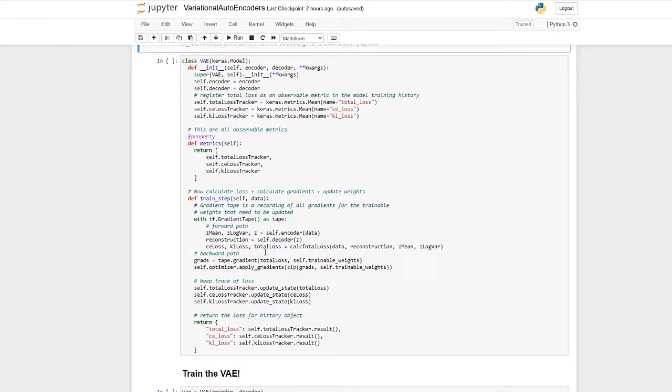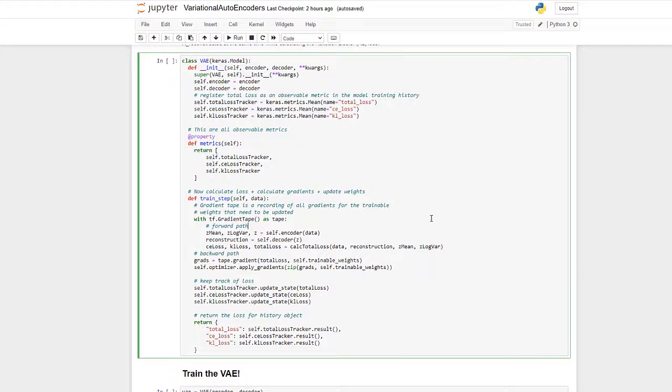What ties this all together is using that total loss that came from calc_total_loss to bake that into how the backpropagation works. So that's really where we're incorporating our custom loss function into how this model is trained. Again, we're going to keep track of all those individual loss functions, both the KL loss, the reconstruction loss, and the total loss function that combines the two, independently, so we can graph them all independently as well. And we return all three just so that we can keep track of them. All right, Shift-Enter to set that up.